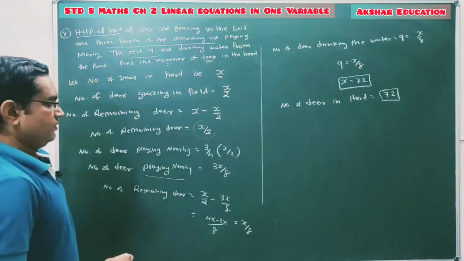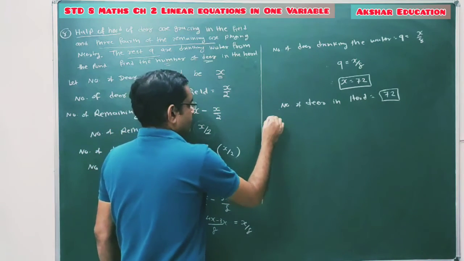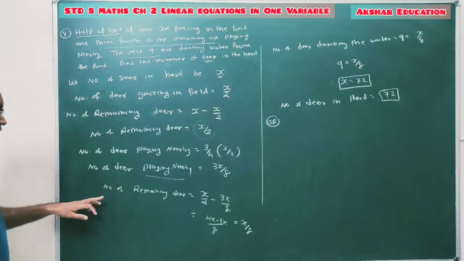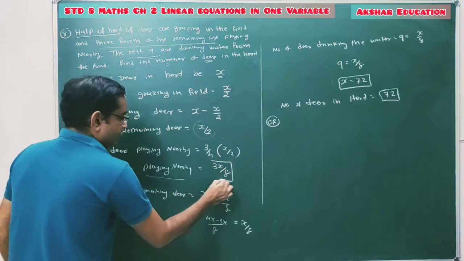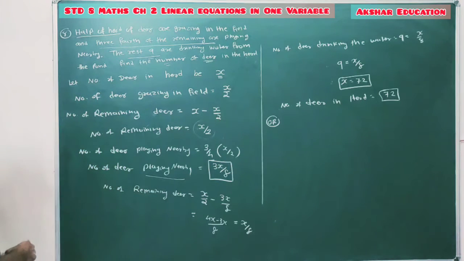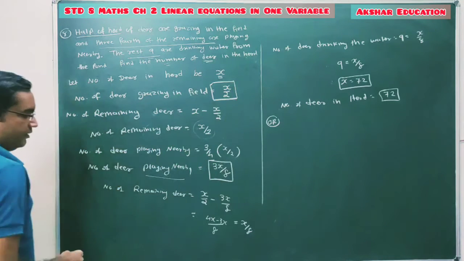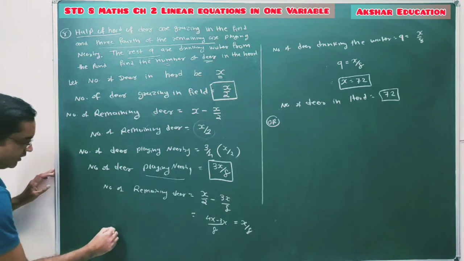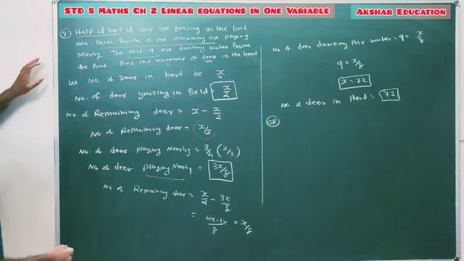Clear? यहाँ से हमने डायरेक्ट आंसर निकाला, और आप दूसरी भी मेथड भी कर सकते हो, है ना. यहाँ तक आपको पता चल गया कि नंबर ऑफ डियर्स प्लेइंग नियर बाय इज 3x/8 डन, एंड number of deer grazing in a field are x/2, and remaining deer, or we can say the rest 9, drinking the water.